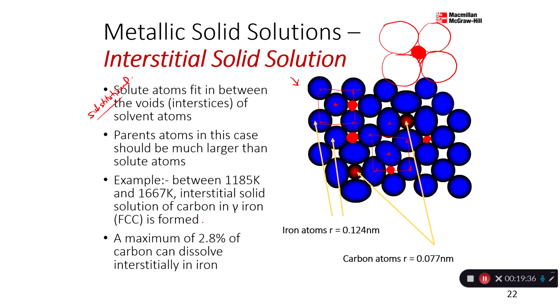Okay, so carbon at a specific temperature, a maximum of 2.8% of carbon can dissolve this way, interstitially in iron.